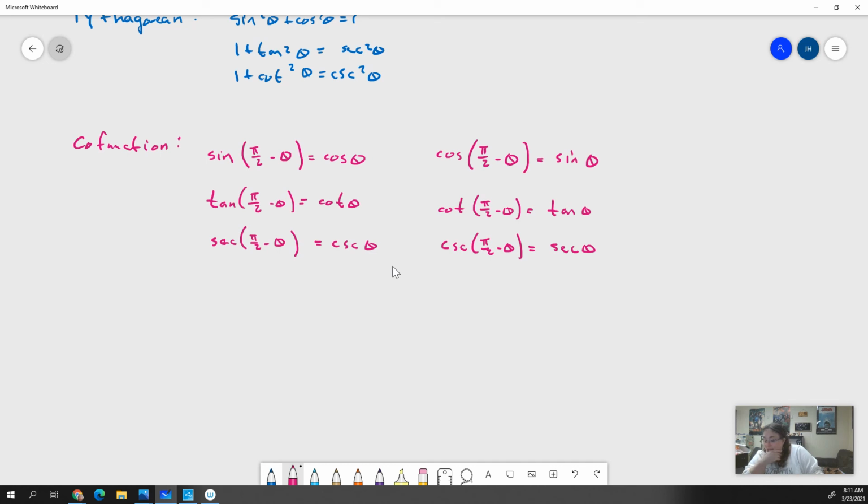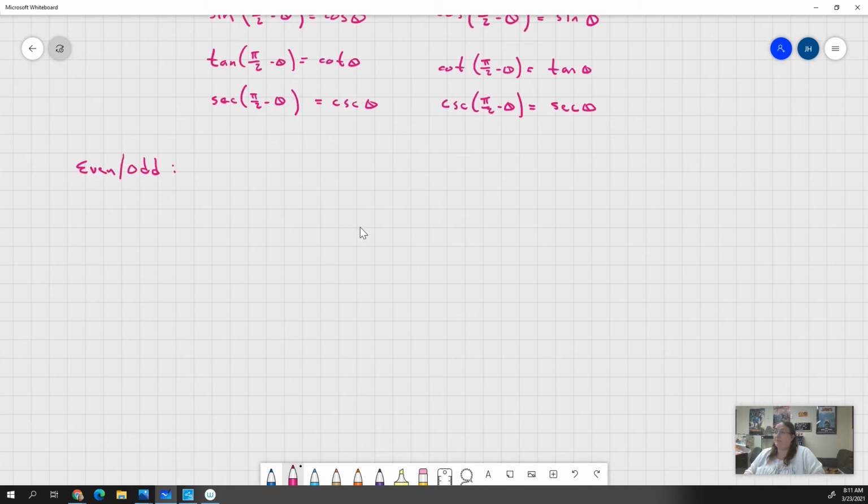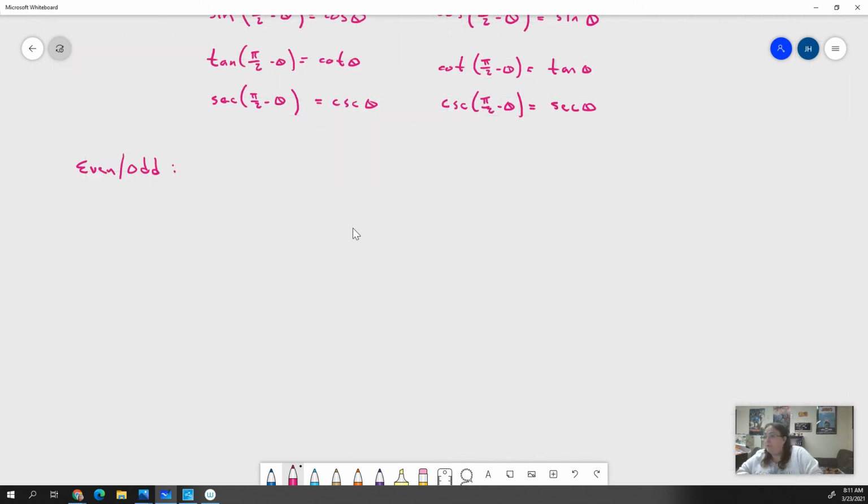And last but not least, we have the even odd functions. And these really help us with signs when we're dealing with signs of stuff, when we're factoring these things out and trying to solve them.